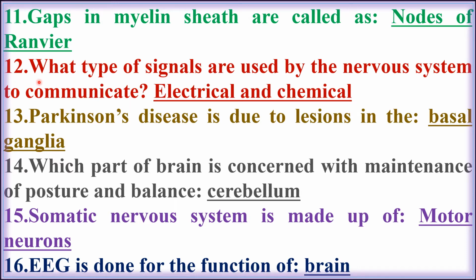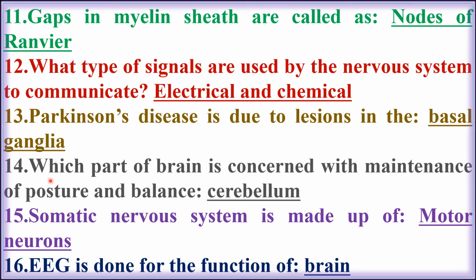Next, what type of signals are used by the nervous system to communicate? That is electrical and chemical. Next, Parkinson's disease is due to lesion in the basal ganglia.